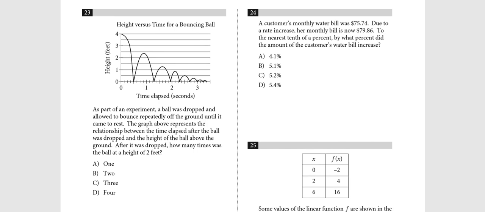As a part of an experiment, a ball was dropped and allowed to bounce repeatedly off the ground until it came to rest. This is one of those geometric sequences. Actually, it depends on the way they ask the question. It could be a sequence or a series. The graph above represents the relationship between the time elapsed after the ball was dropped and the height of the ball above the ground. After it was dropped, how many times was the ball at a height of 2 feet?